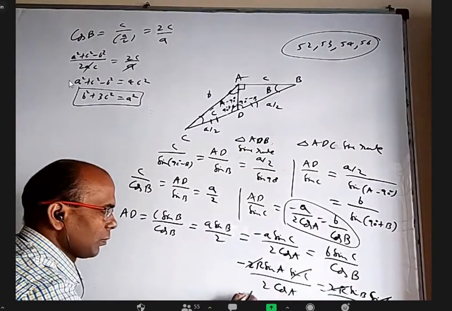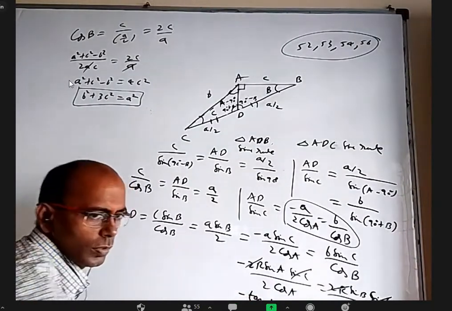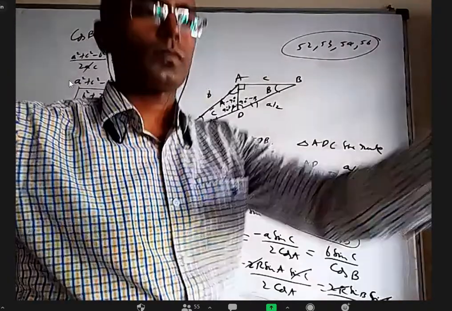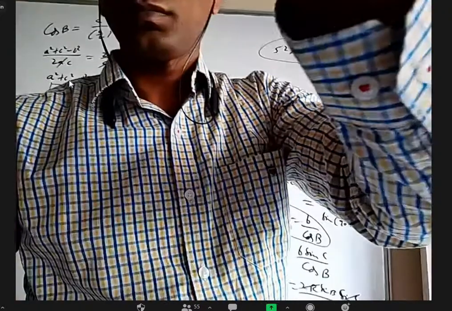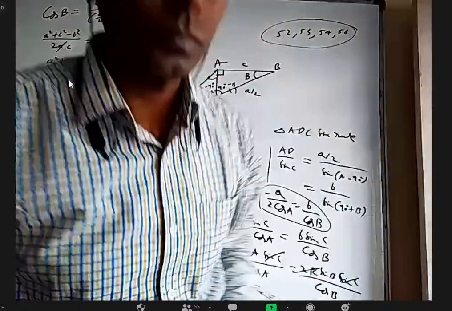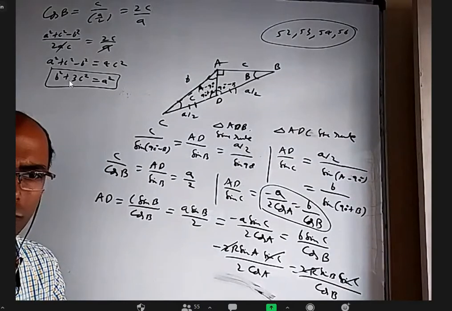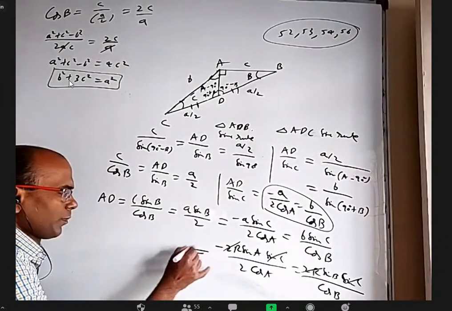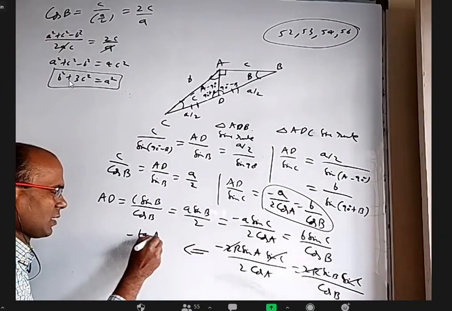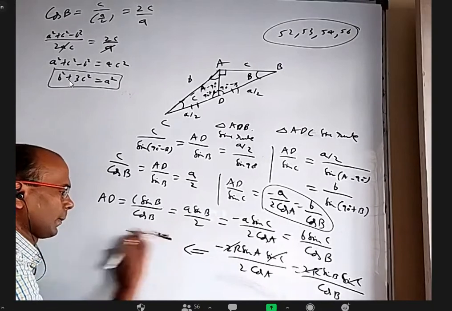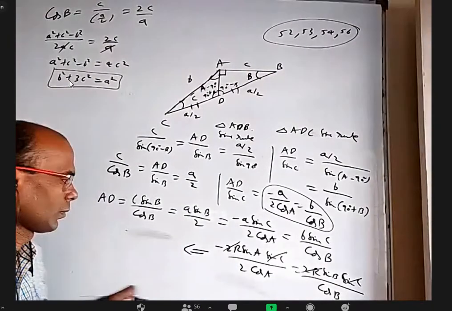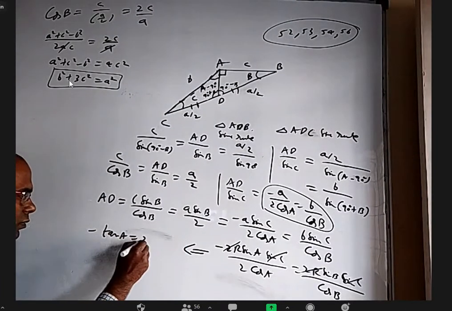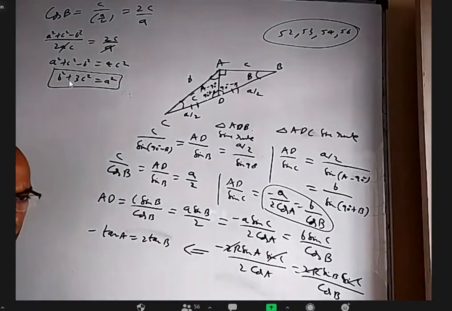You get minus tan A is equal to 2 tan B. Minus tan A is equal to 2 tan B, that's tan A plus 2 tan B is 0.